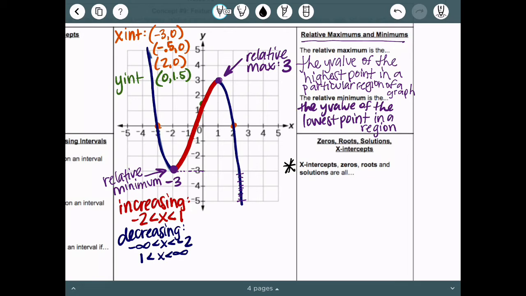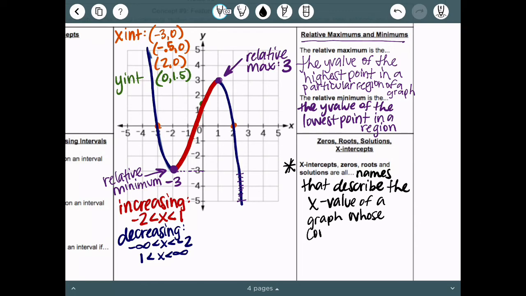My zeros, my roots, and solutions are all names that describe the x value of a graph whose corresponding y value is 0.